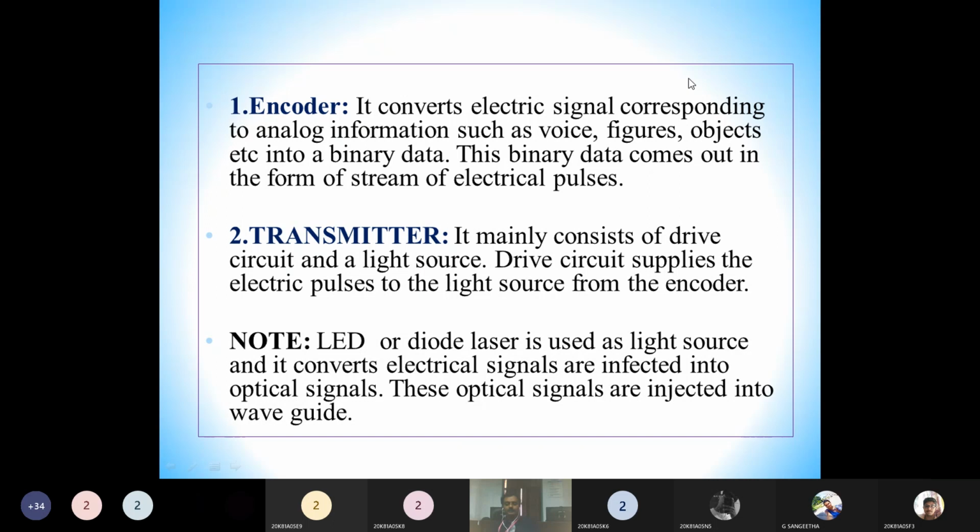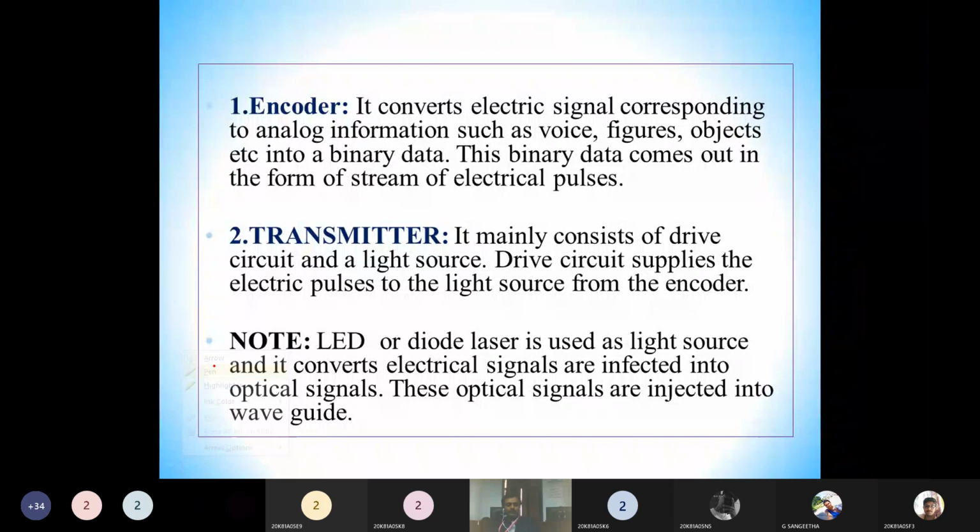This binary data comes out in the form of a stream of electrical pulses. That binary data we again convert into electrical pulses. I will explain binary data and electrical pulses through a graph.